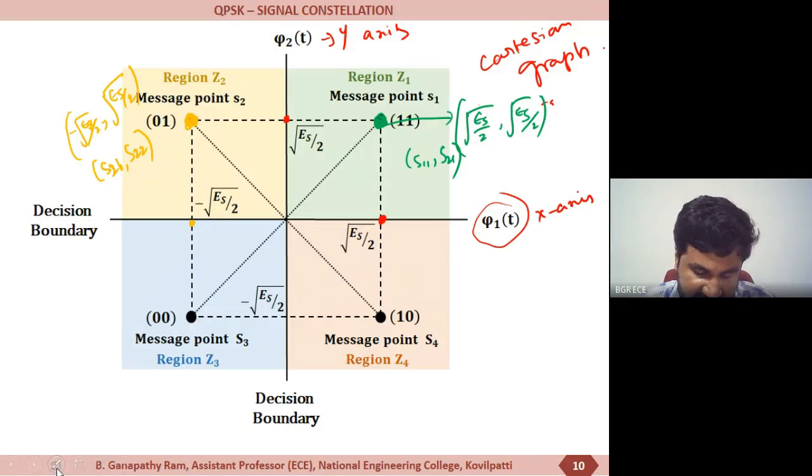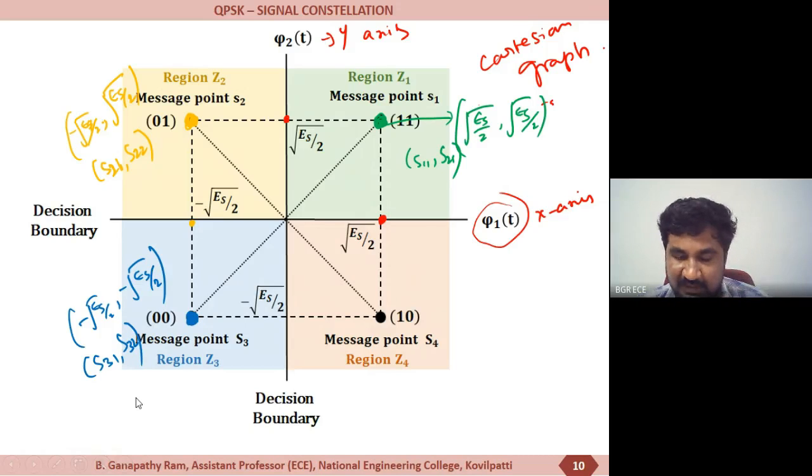Correspondingly, message point S3 is represented by minus square root of Es by 2, minus square root of Es by 2, representing S31 and S32.